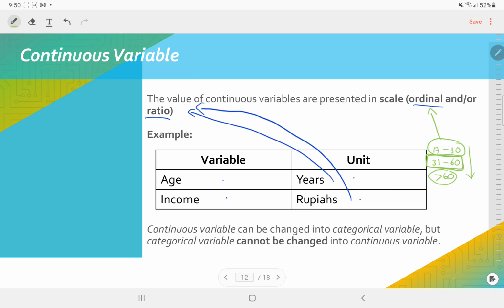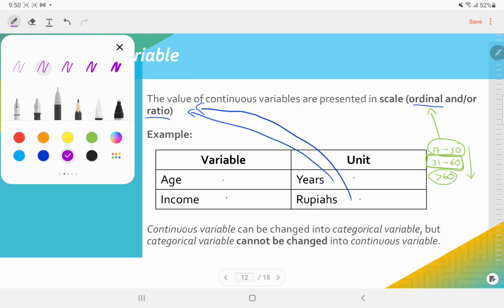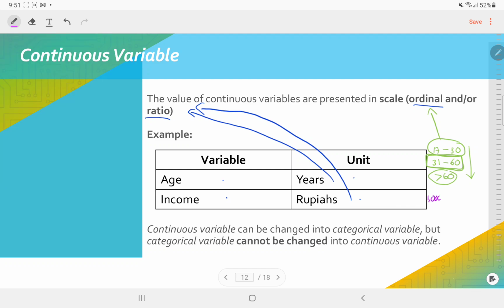And how about the income? Just the same example, you can classify or categorize it into 3 categories, for example, income from 1 million rupiahs to 3 million rupiahs, and also more than 3 million rupiahs, until 5 million rupiahs, for example, and above 5 million rupiahs.